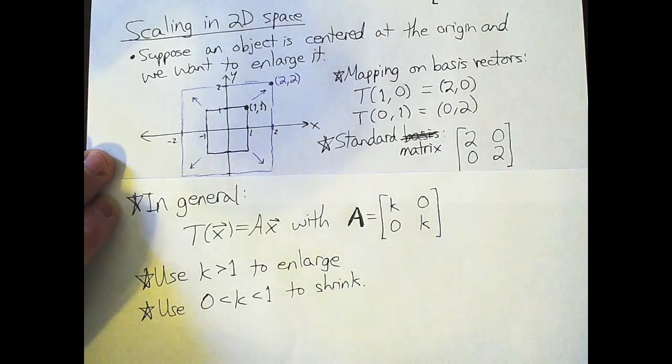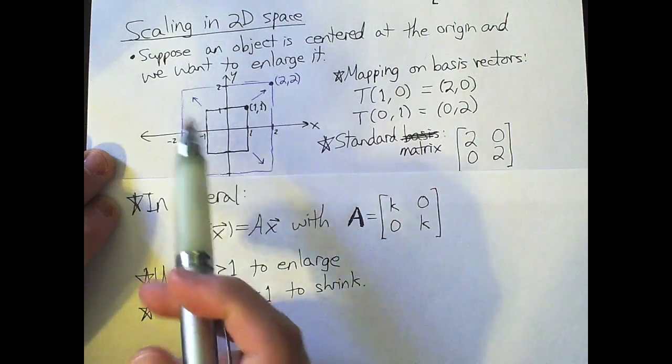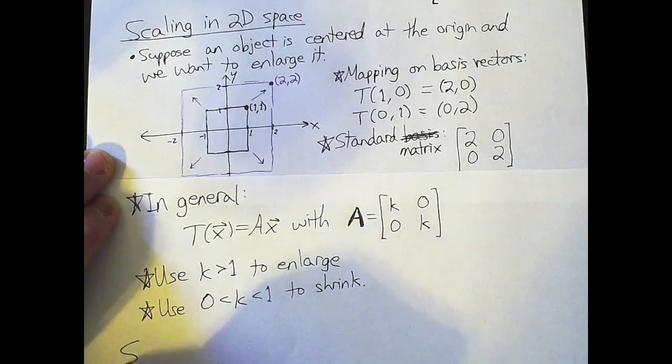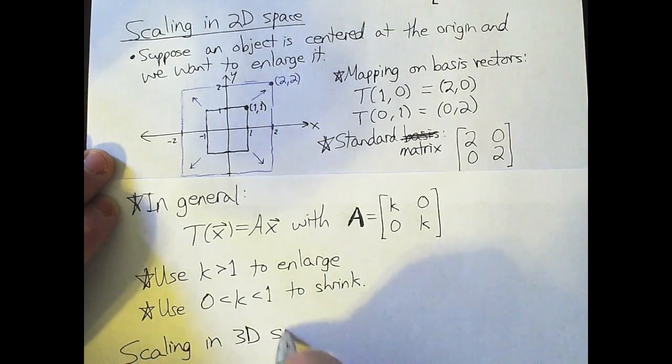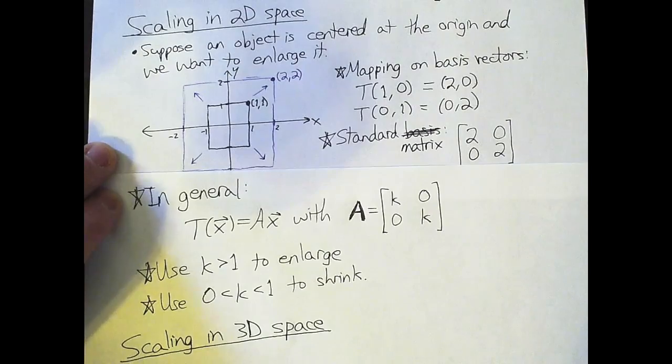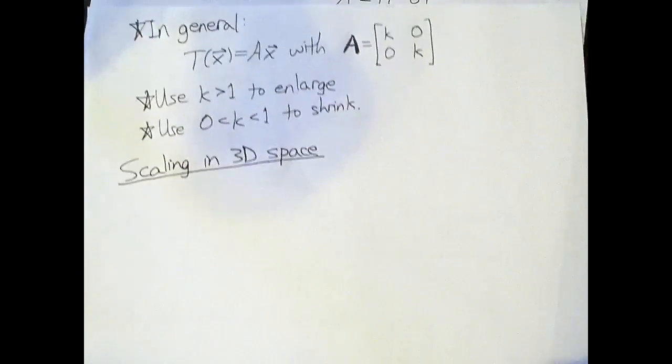So this describes how you would scale things centered at the origin. A little bit later, we'll talk about how if something's not centered at the origin, then you might be able to move it so that it is centered at the origin. Let's also talk about scaling in three-dimensional space. This time, I'm not going to draw a picture of this. You could probably visualize it. Just imagine maybe a cube or a sphere or something like that centered at the origin, and you want to either enlarge it or shrink it.